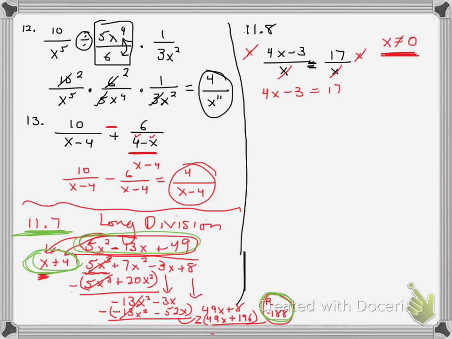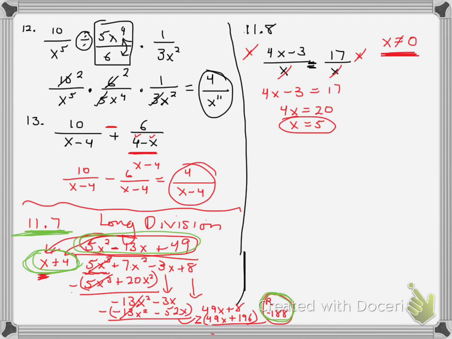Because you cannot divide by 0. So when I solve this, if I got x equals 0, I would say there's no solution. Otherwise, I would just solve it for x, add the 3 to the other side, divide by 4, and that's my answer.